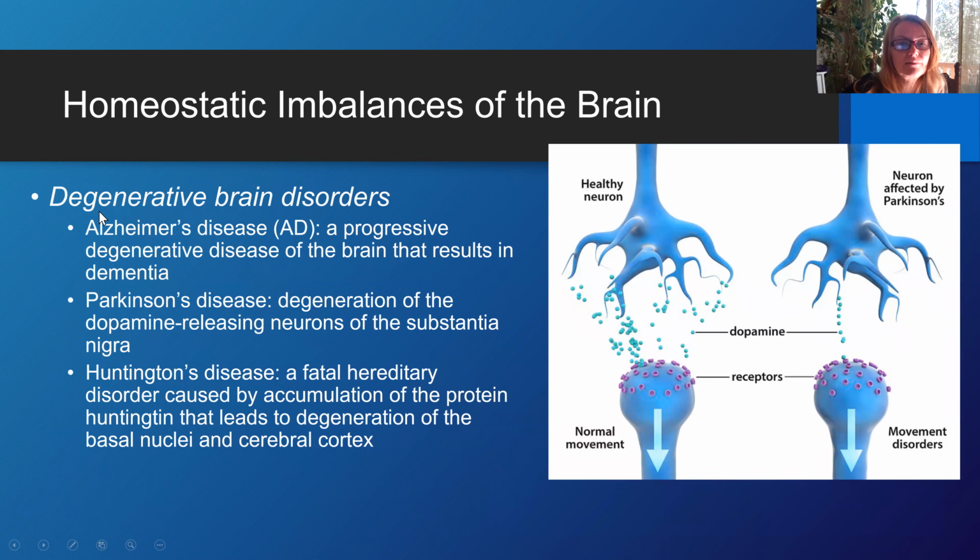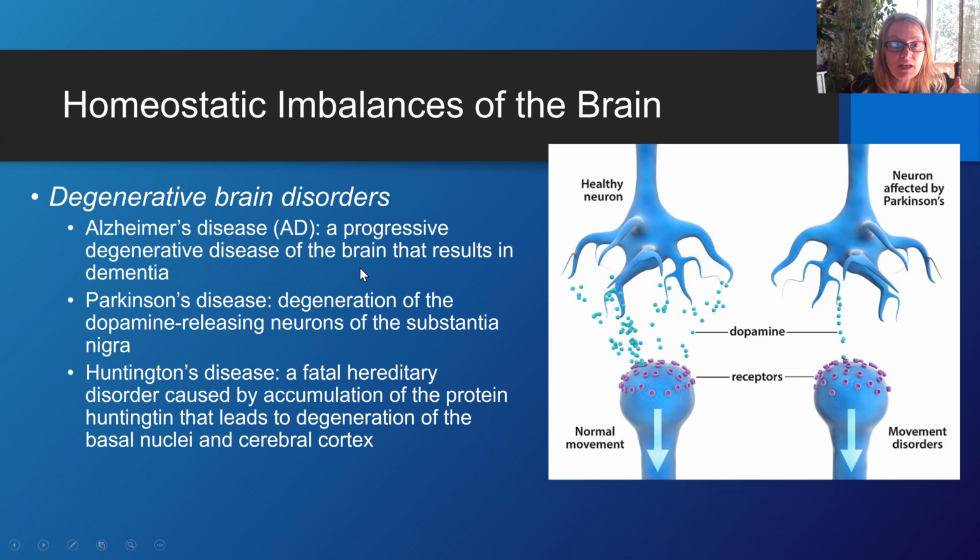We also have degenerative brain disorders like Alzheimer's disease, Parkinson's disease, Huntington disease, and they have different causes. Alzheimer's is a progressive degenerative disease that we believe results from decreased production of acetylcholine, right?